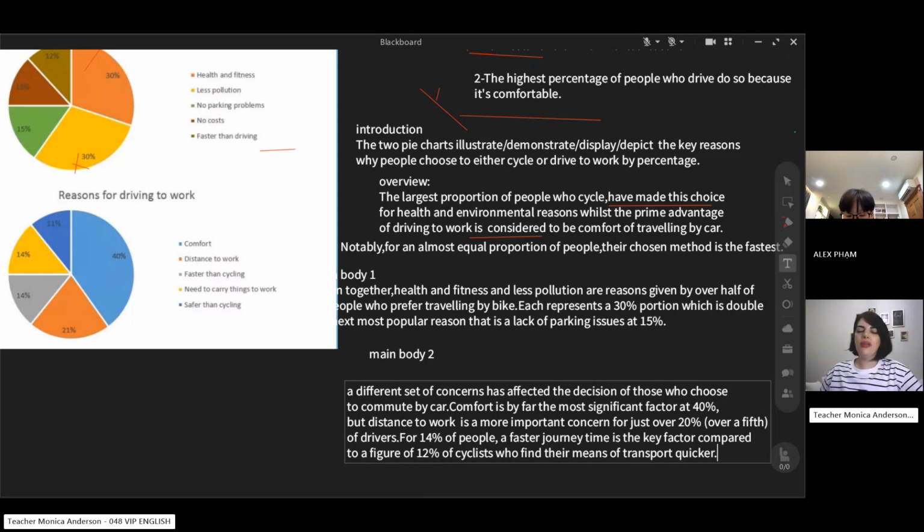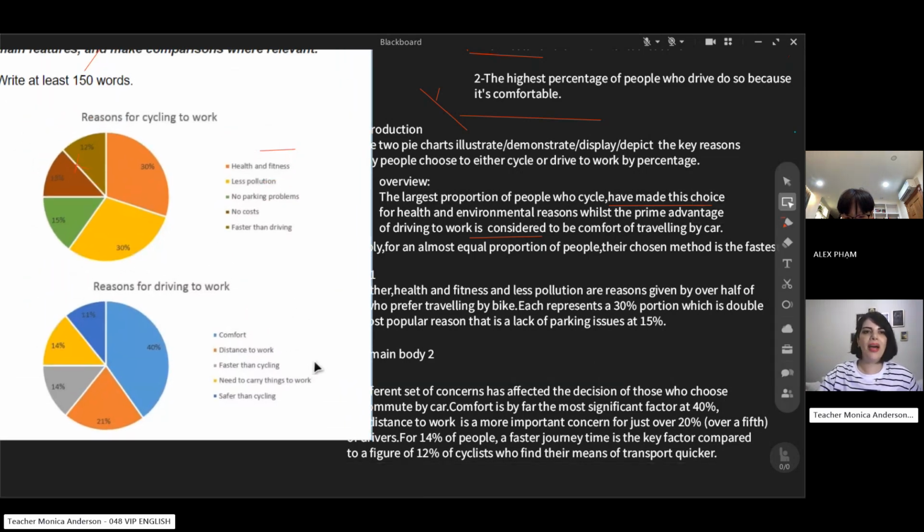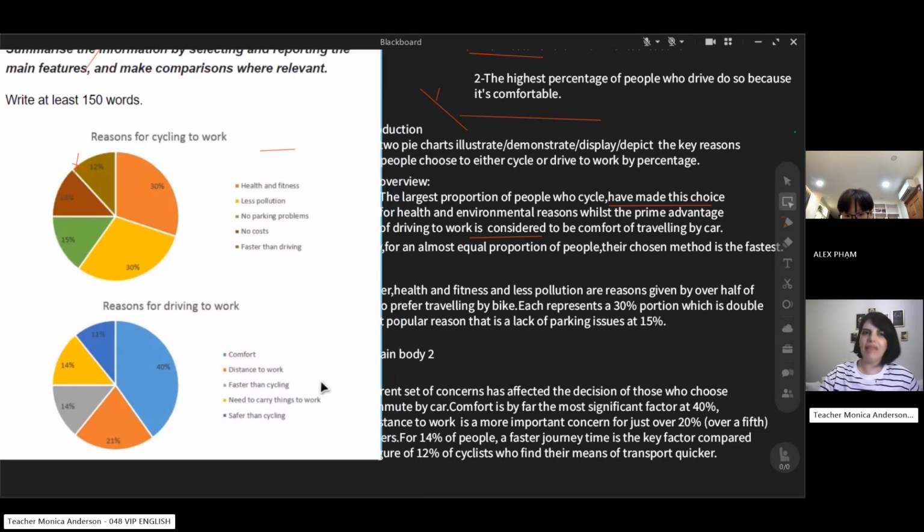This is about task one. Task one is easy, but at least, when we say at least, it means don't write less than 150, but of course not more than 178. Just 200 is too much.